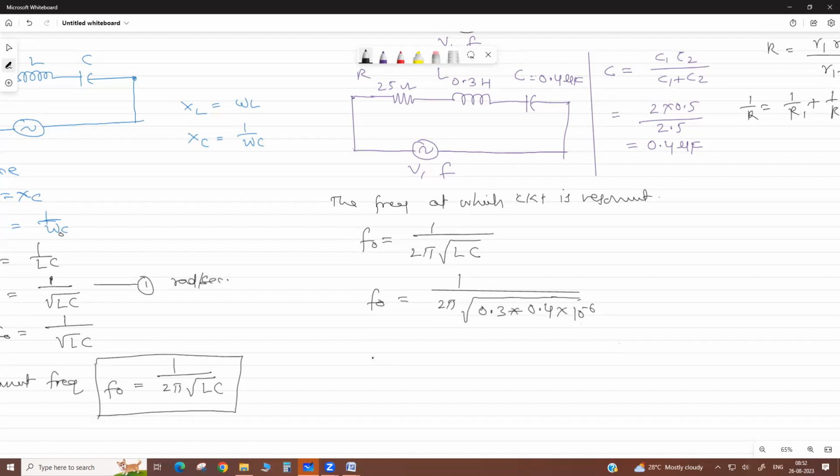We square both sides, then it will be very easy. F squared equals 1 by (2 pi) squared, with pi as 3.14, and 1 squared is 1 only. Now the root is removed, so it becomes 0.3 into 0.4, and taking it above, it becomes a plus.